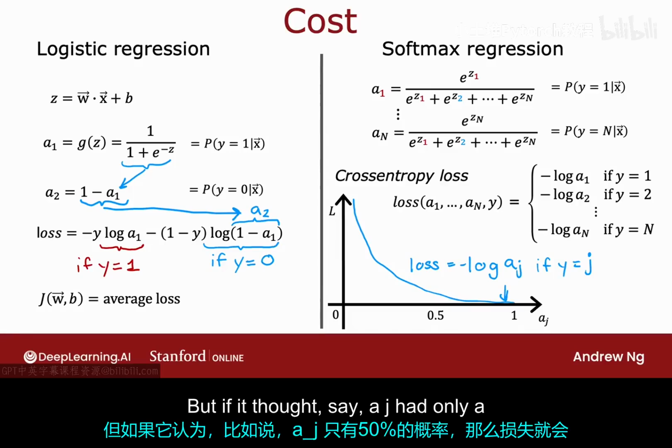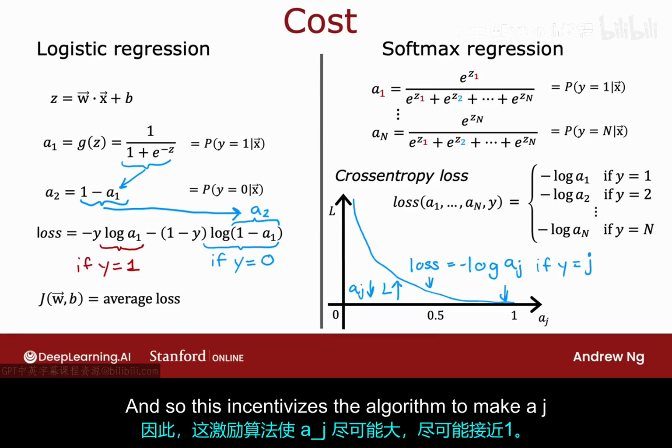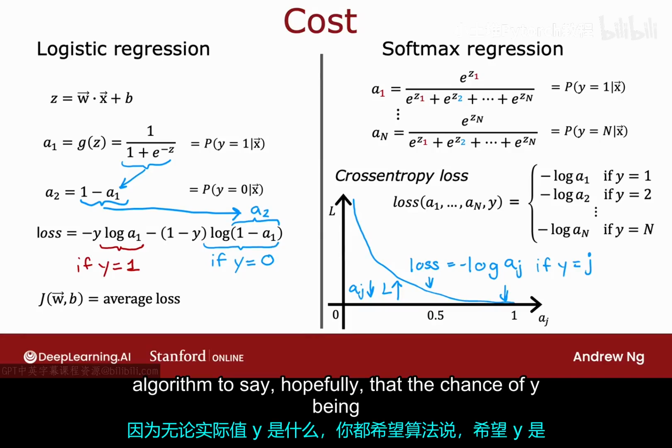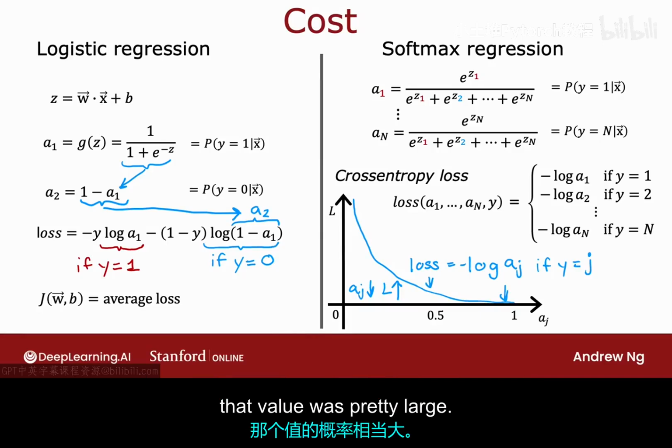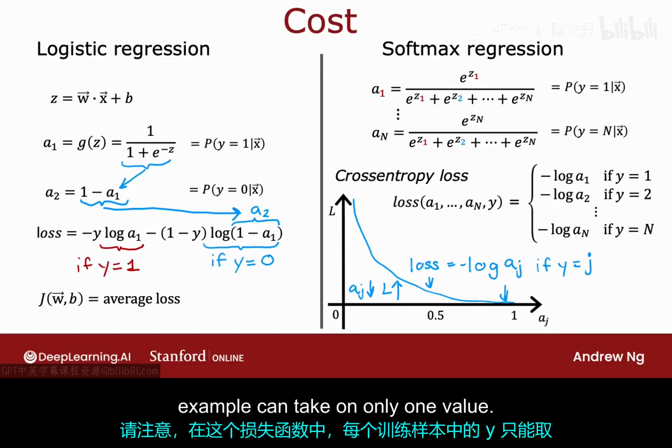But if it thought aj had only a 50% chance, then the loss gets a little bit bigger. And the smaller aj is, the bigger the loss. This incentivizes the algorithm to make aj as close to 1 as possible, because whatever the actual value y was, you want the algorithm to say the chance of y being that value was pretty large.